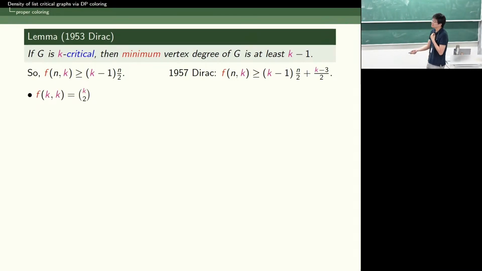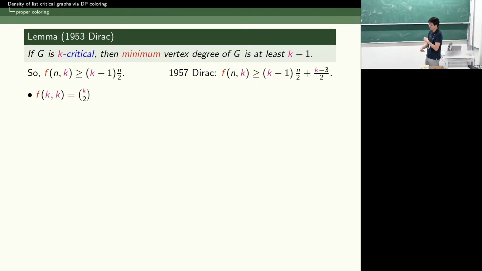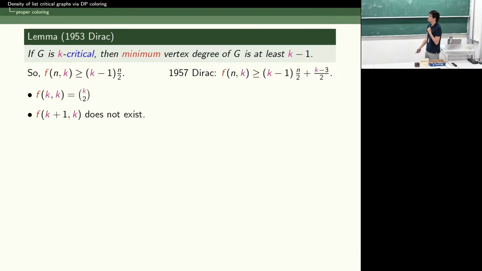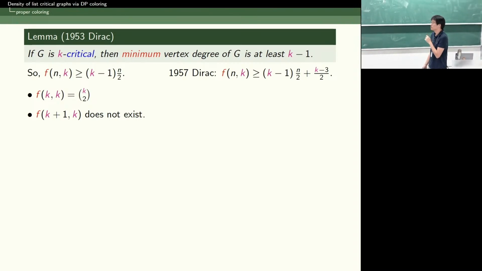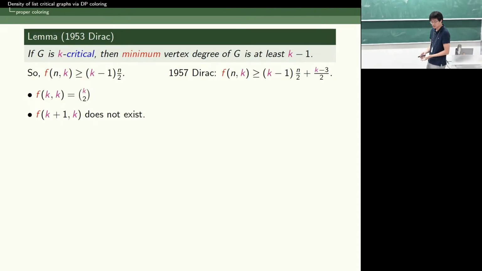And as I was saying on the first slide, f of k comma k is k choose 2, the complete graph. And using this lemma by Dirac, we can prove that there are no k-critical graphs on k plus 1 vertices. And this is also very simple. How? Well, if you have a graph on k plus 1 vertices, there has to be a non-edge. Because if all the pairs are edges, that means you're a complete graph on k plus 1 vertices, which doesn't make sense because your chromatic number is k.